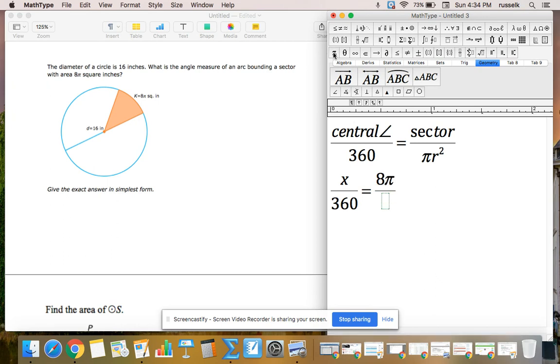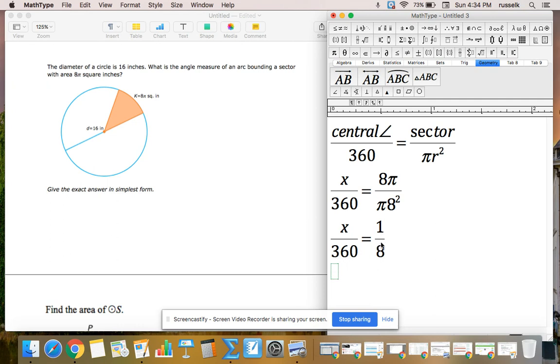And then area of the circle would be pi times the radius, which is 8. Remember the diameter is 16. Cut that in half to find the radius, squared. Again, cleaning up anything we can. Not much we can do with the first fraction, x over 360. Second fraction has a pi in the top and bottom, so those pi's could cancel out. That would give me 8 over 64. 8 over 64 reduces down into 1 over 8.